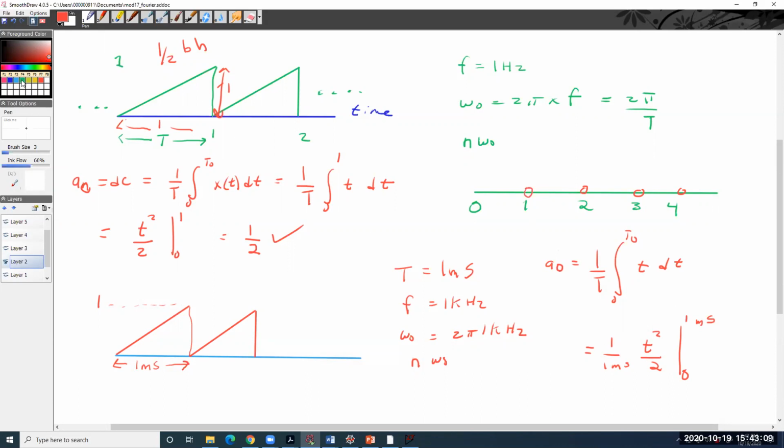And you can see that, yeah, I scale it by 1 over T naught, but I'm integrating over that, so I'm still going to get one half.